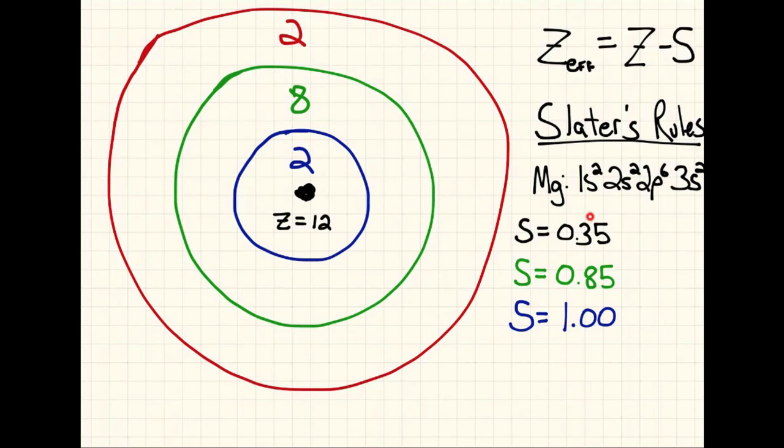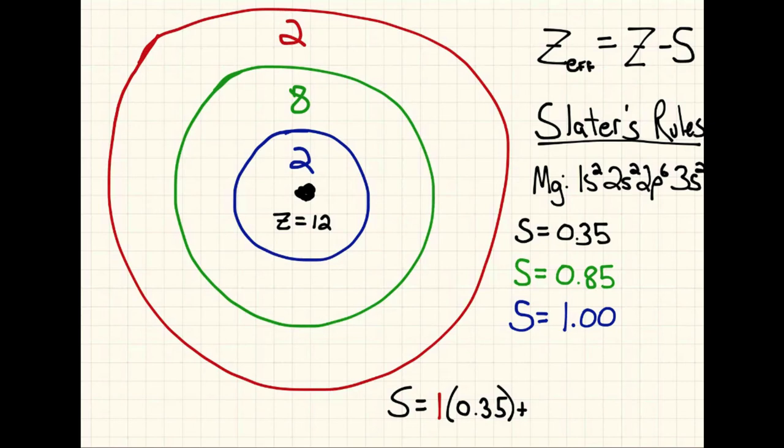Now, to stitch all of this together, we want to add up the effect. What is the shielding effect for all of these electrons? We'll put all that together here with a bit of math. So our shielding will take into account that we've got one additional electron out in that 3rd zone that is shielding me with an amount of 0.35. Now remember, there are 2 electrons in that outermost zone, but only one other one, because I'm imagining that I'm that first electron. An effective nuclear charge is always from the perspective of a particular electron.